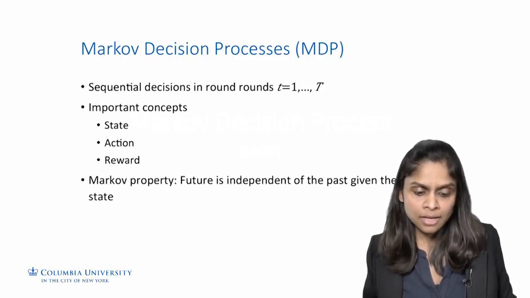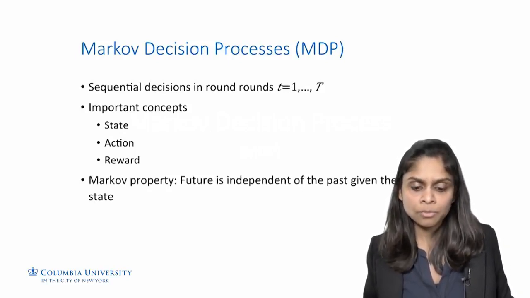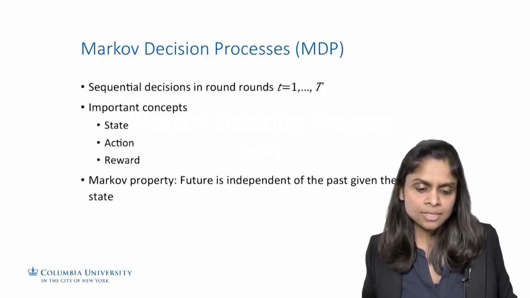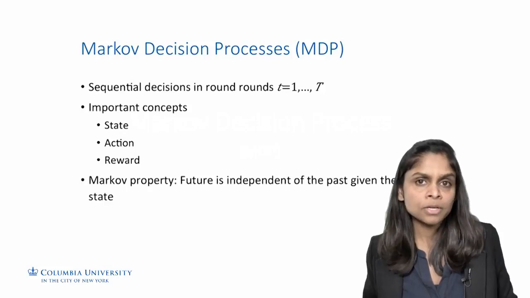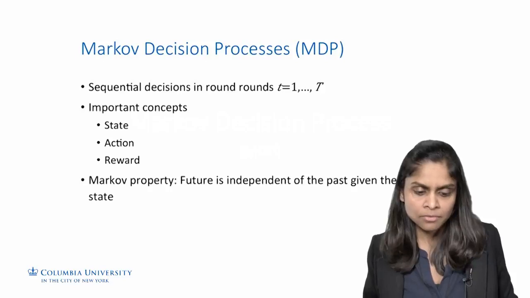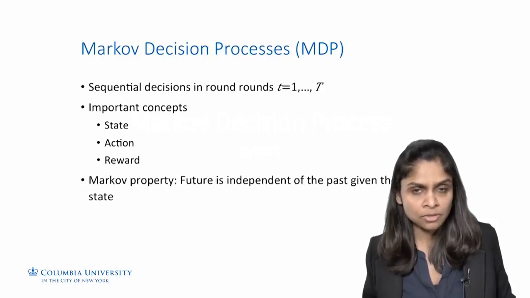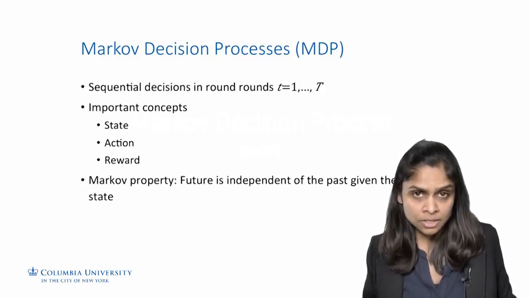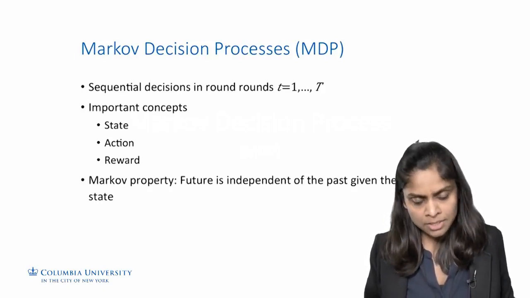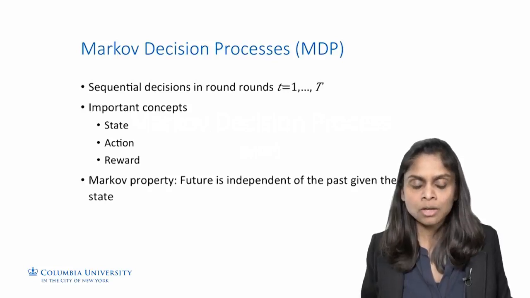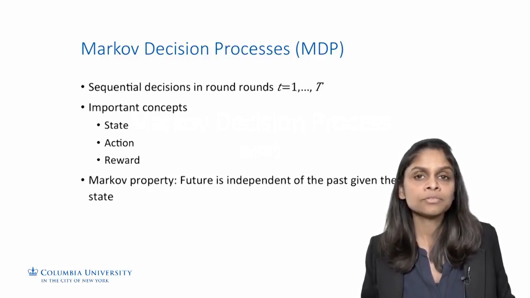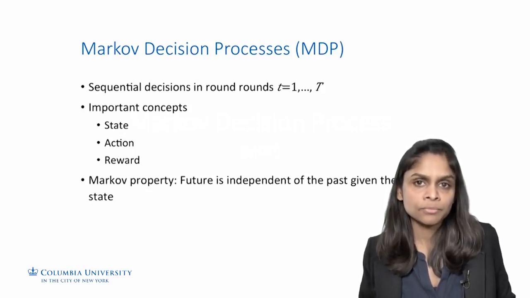Let's consider the example from the previous lecture about a robot who is trying to move from some point A to point B. In this example, the current state of the robot could be a combination of the location of the robot, its current stance, for example, whether it's sitting or standing or moving, and its velocity if it is moving, and so on. The decision maker, which in this example is the robot controller, observes the current state and takes an action. For example, whether to lift a leg of the robot or move a limb forward.